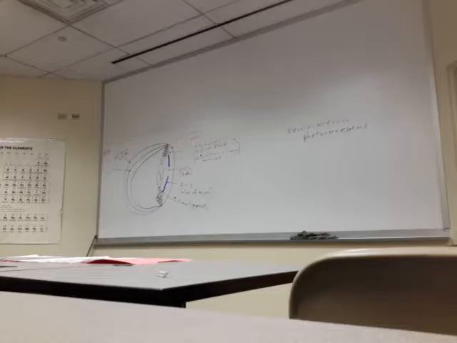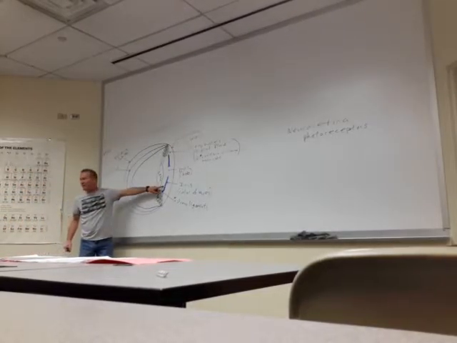Just real quick, you said that accommodation was the ciliary ligaments contracting and lengthening to change the shape of the lens. Not exactly. So the ciliary muscles contract and relax, which changes the tension on the ciliary ligaments, which causes the lens to change shape. And when the lens changes shape, that's what lets light in and out? No, that's what focuses the light. Letting light in and out would take us back to the iris.